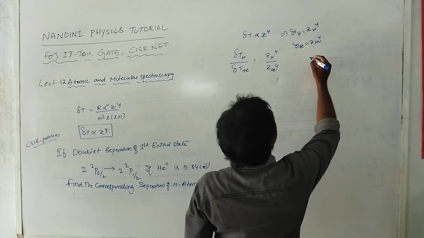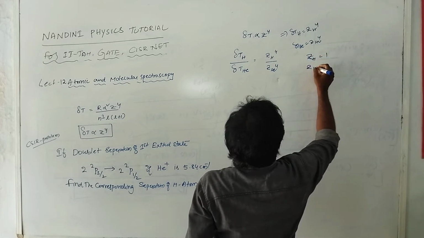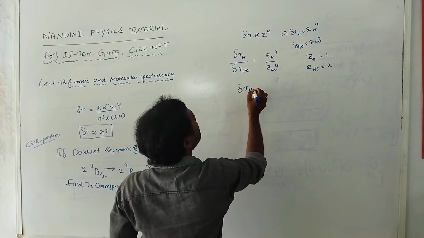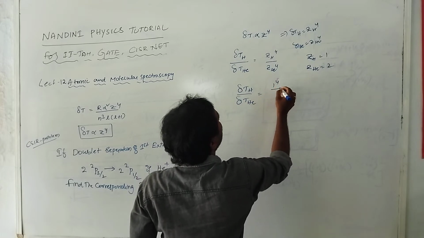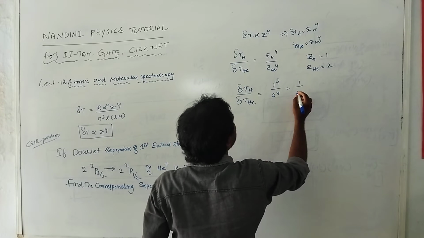So the atomic number for hydrogen is 1 and for helium is 2. Therefore, delta T hydrogen divided by delta T helium is 1 to the power 4 by 2 to the power 4, which is 1 by 16.